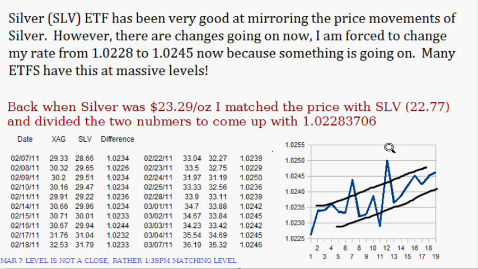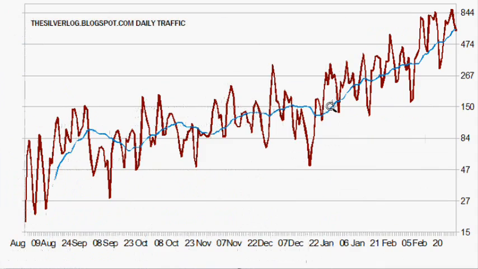What this means is that SLV owners are shaded by about 6 cents per ounce right now. And mainly what I'm going to do is just keep on tracking it and see how this works out. Many other ETFs have done very poor jobs, like UUP, which tracks the dollar. It does a very terrible job in mirroring the Dixie, but we'll just keep an eye on it.